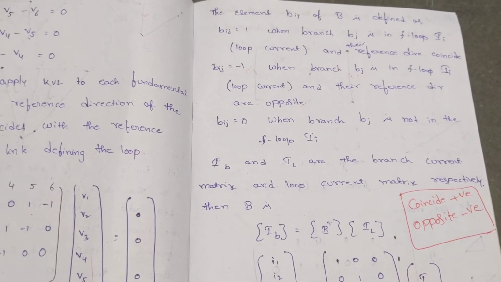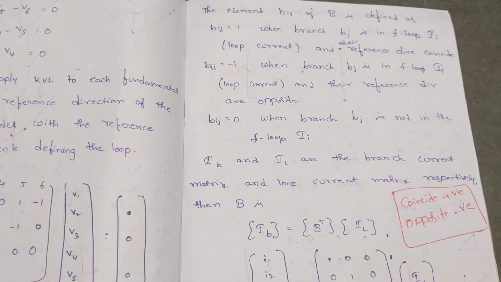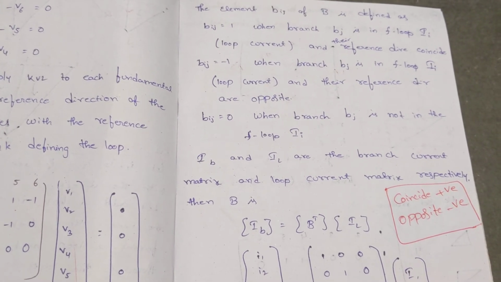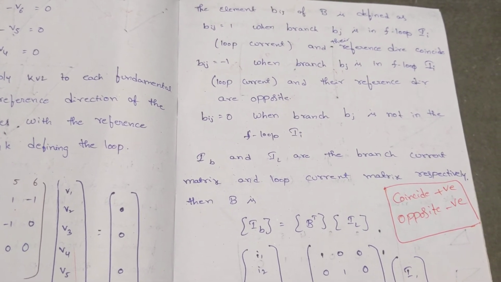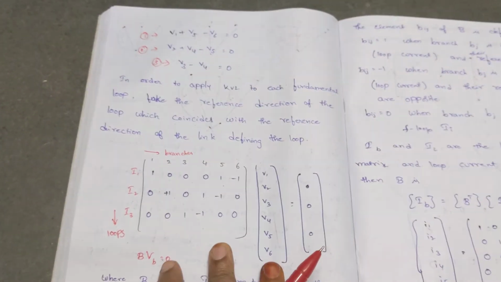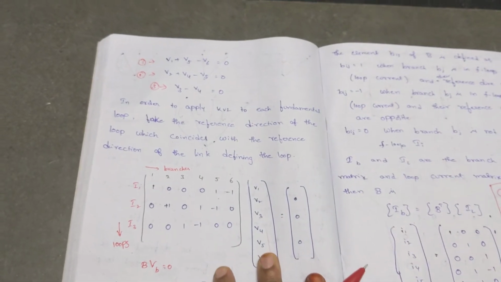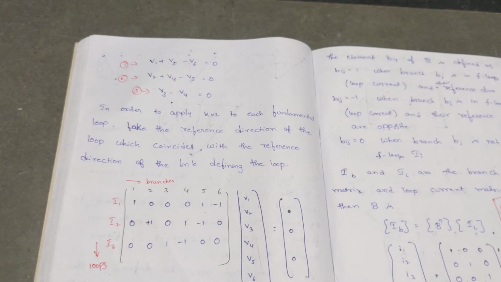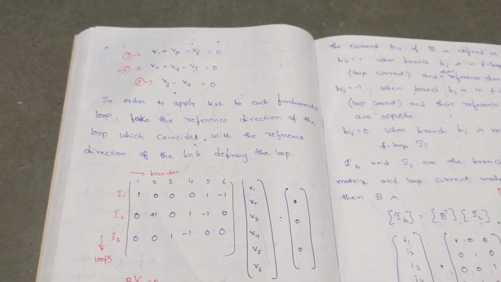If the branch is not at all related to your closed loop, that is your fundamental loop, then the element is simply kept as 0. So from here we draw the conclusion from your branch voltages. That means we simply write the KVL equations to draw your tie-set matrix.